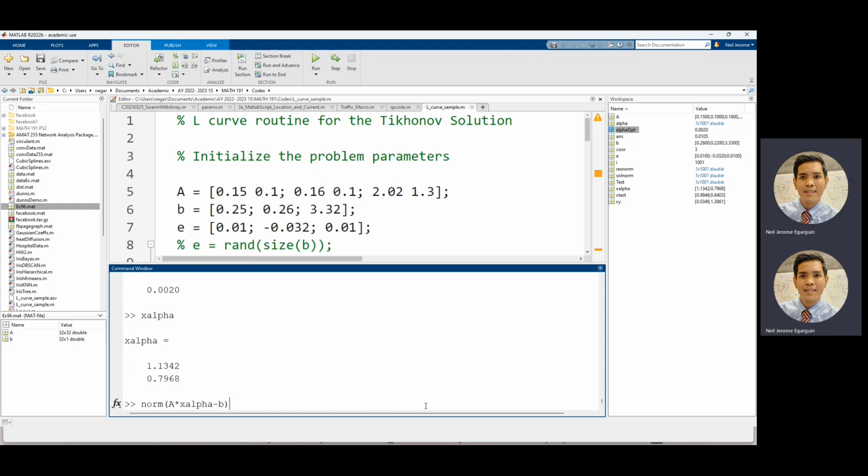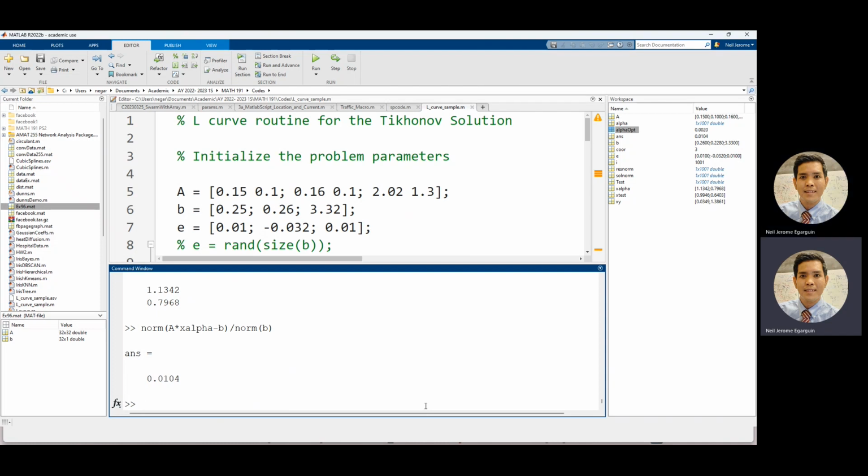But since we want to know the percent error, I will divide it by the norm of the right-hand side B. And here you get 0.0104. So meaning we are modeling the noisy data with an error of just over 1%.